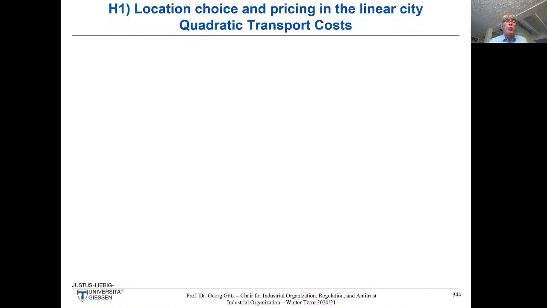I would rather present to you an alternative specification or model which just uses a different specification of transport costs. And you will see then we get a wonderful result. This different specification is that we assume transport costs are convex, and to be specific, they are quadratic.